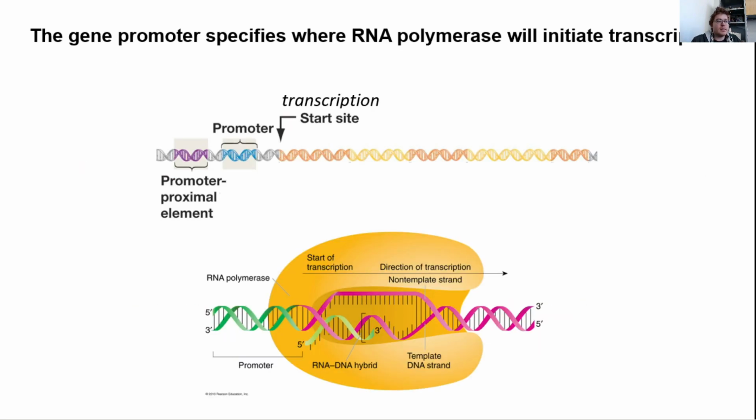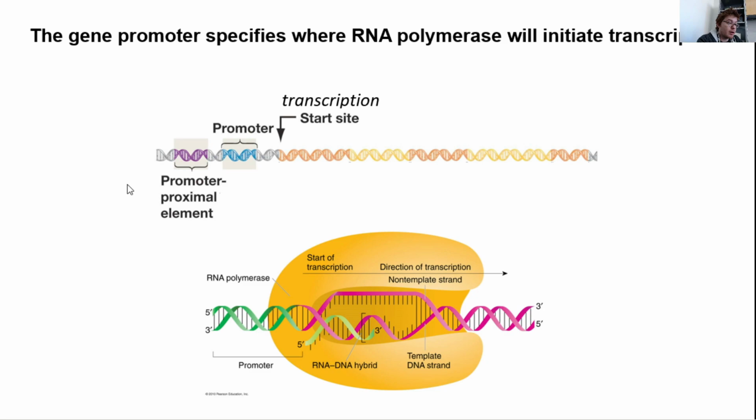And so it turns out these start signals, which are what we're going to talk about first, are what are called promoter sequences. And so the gene promoter is a DNA sequence which specifies where RNA polymerase should initiate transcription. So again, if we want to transcribe here and make this kind of yellow-orange thing as our gene, there's going to be a promoter sequence here, which is going to direct RNA polymerase where to start.